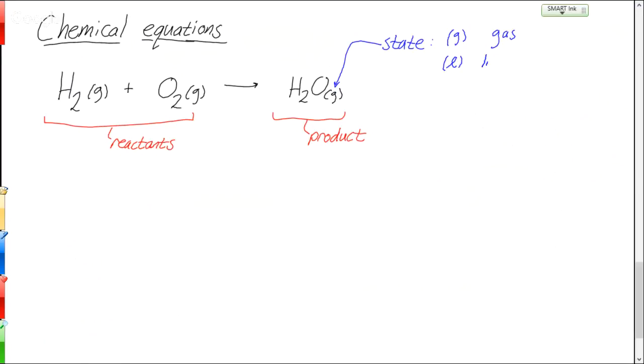The fact that there's a G tells us that it's not liquid water, it's water vapor. L for liquid, S for solid. And then there's a fourth one that we'll see a lot, AQ. AQ stands for aqueous, which means dissolved in water.